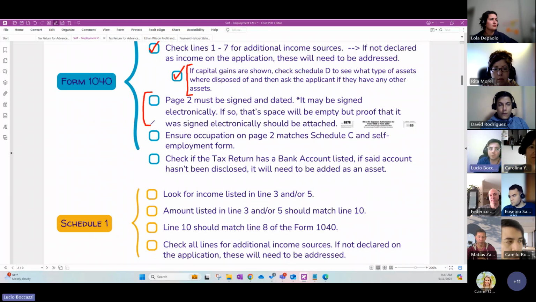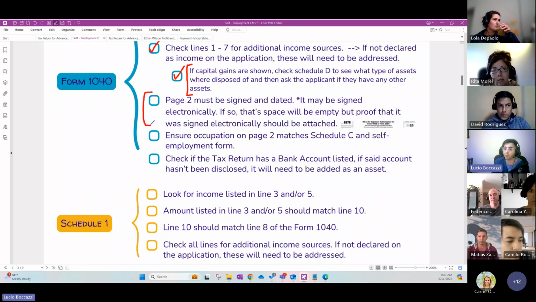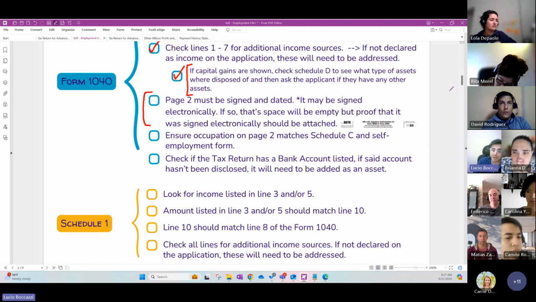So the thing is now when it comes to the tax return, one of the things that the applicant needs to submit is the proof of transmission, meaning the proof that they actually submitted their taxes to the IRS. So with that, instead of having page 2 signed, it should be enough if you have that proof of transmission, which you should.